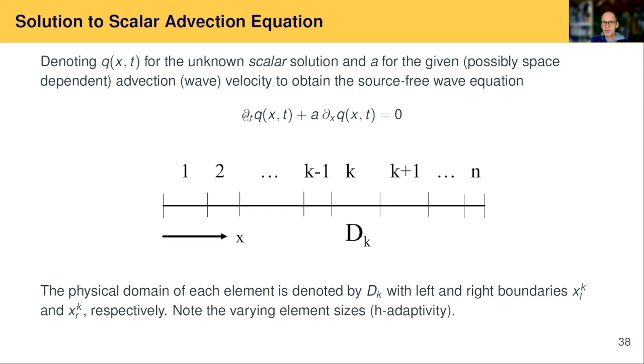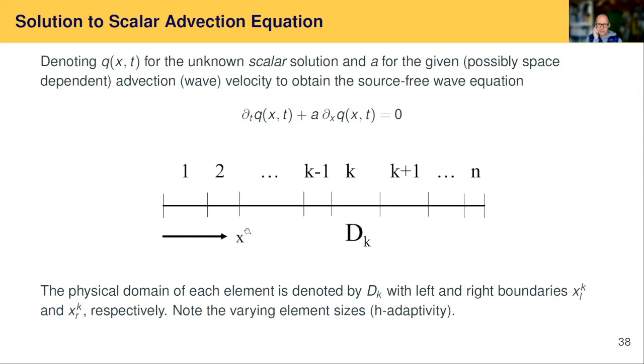So we're going back to the simple scalar 1D advection equation, and just in terms of notation, Dk would be the domain for each element. We have N elements. X is going to the right. This is important because there will be a left and right boundary for each element that we denote as xlk and xrk.